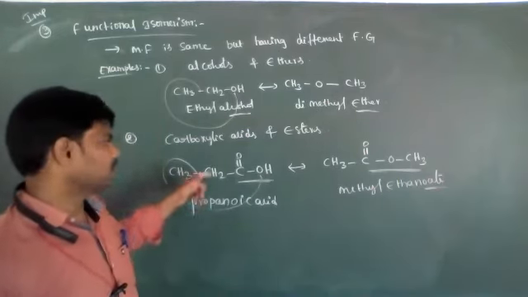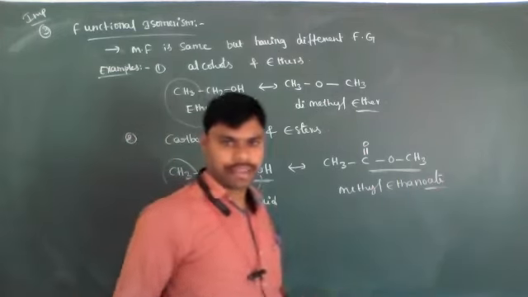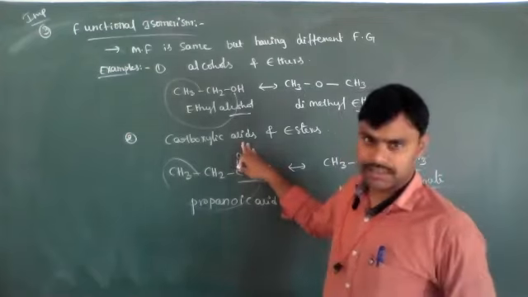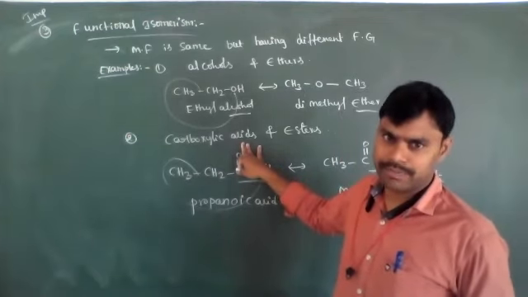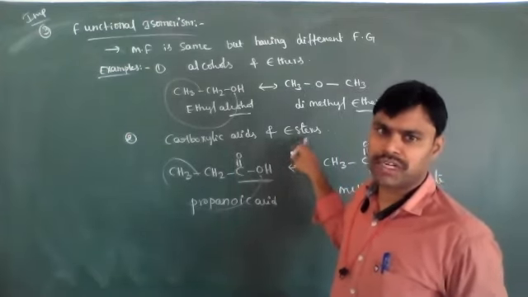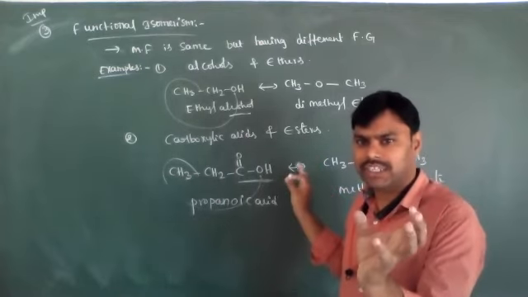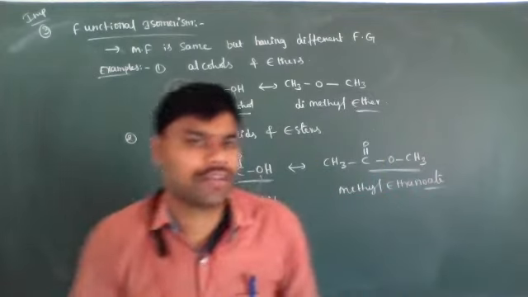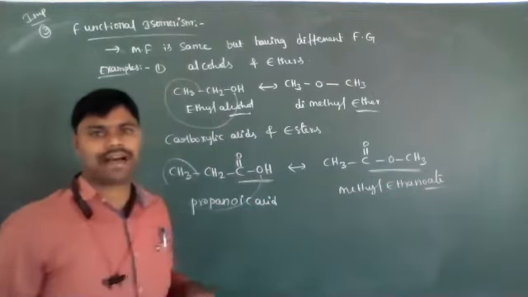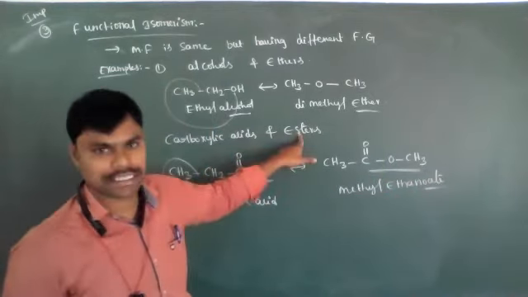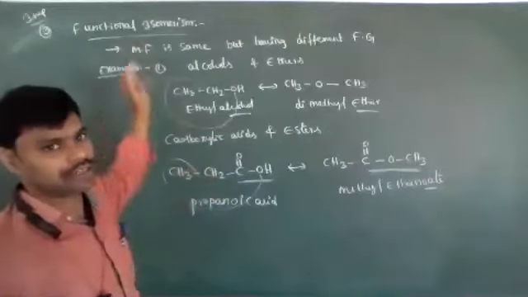That's why those are called functional group isomers. Commonly, all carboxylic acids and esters show functional group isomerism. But whatever acid and ester you take, they must have the same molecular formula. Same molecular formula containing carboxylic acids and esters belong to functional group isomers.